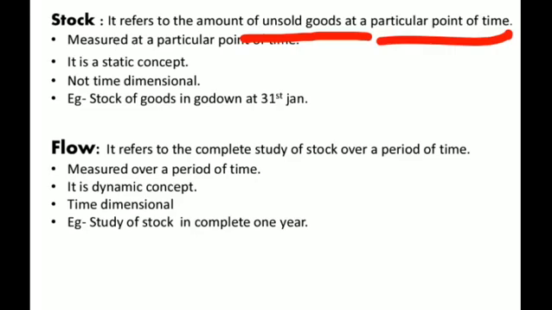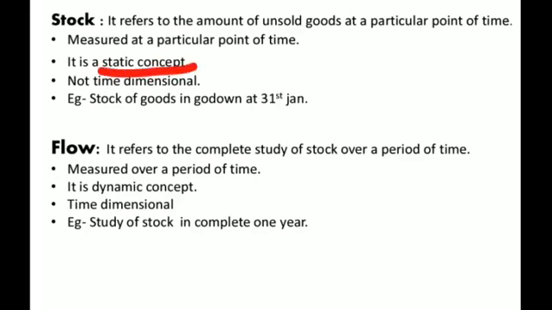So it is a static concept, because we are not asking about the previous one, how many packets were there earlier, and I'm not saying how many packets I have to buy next day. So it is a static concept, and it is not time dimensional, because time doesn't matter.